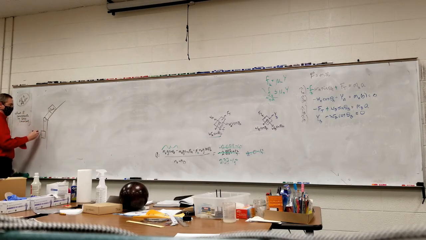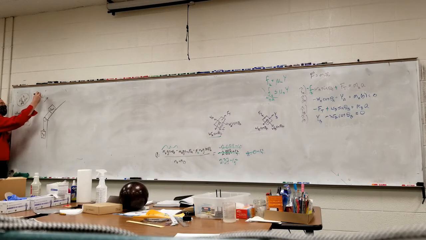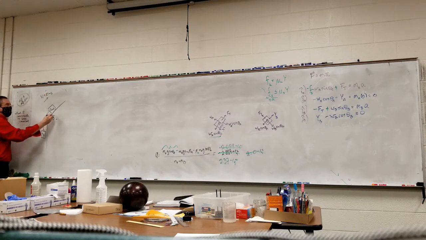Book. Cup, or mug, let's make it a mug. This thing is tied to the handle. Initial speed, 10 meters per second. This angle right here, make it 30 degrees.